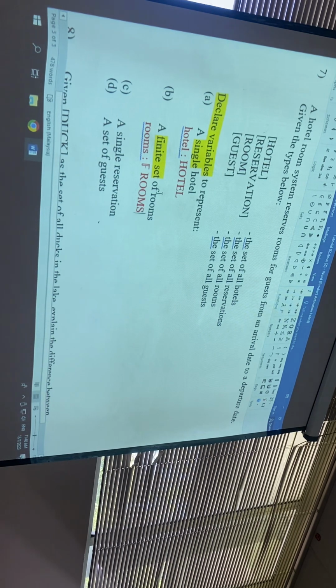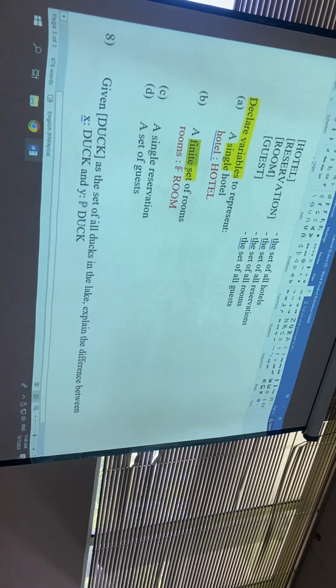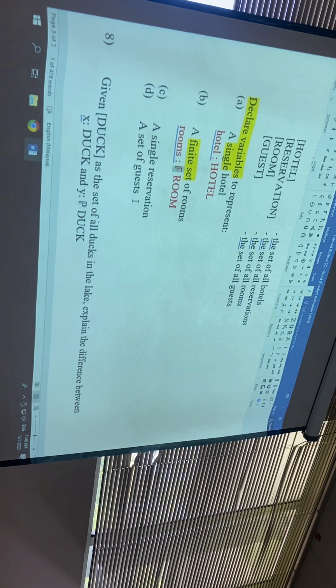Type cannot be plural, must be singular. So when the question says a finite set of room, you have to use F for finite set.